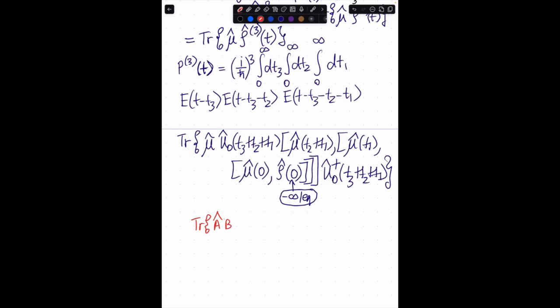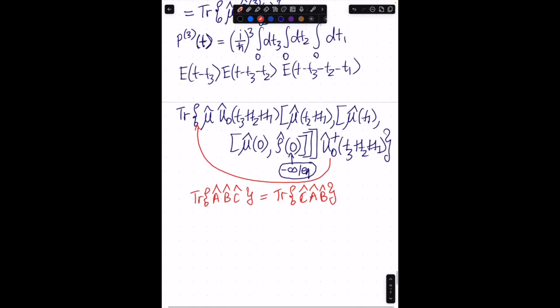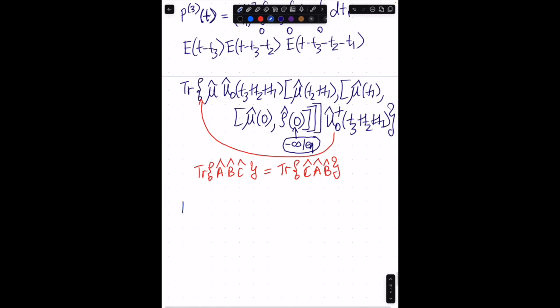So the trace of A, B, C is the same as the trace of C, A, B. So what I will do is move this u hat dagger over here. What that gives me is something very nice, and that's why I want to move that. So I get the trace of u hat dagger t3 plus t2 plus t1, mu, u hat 0 t3 plus t2 plus t1.